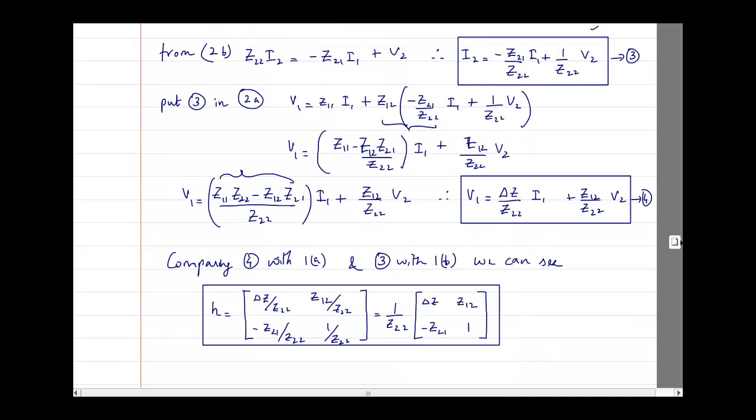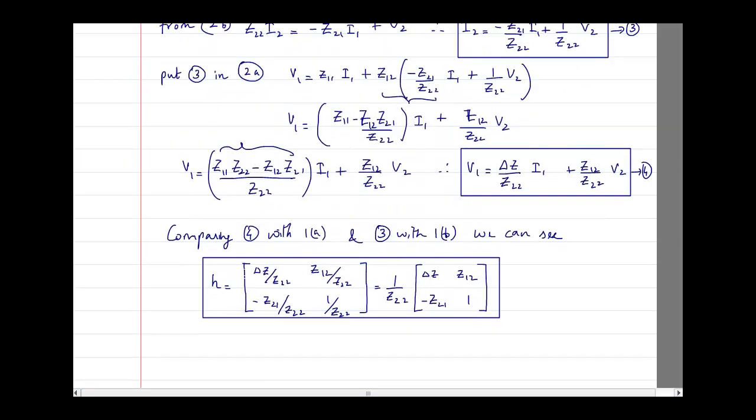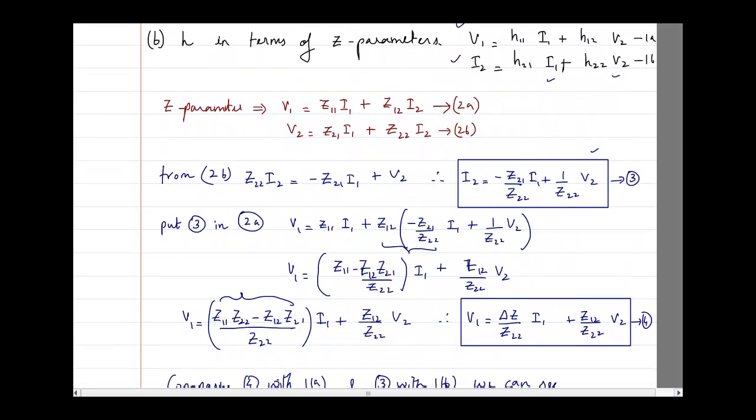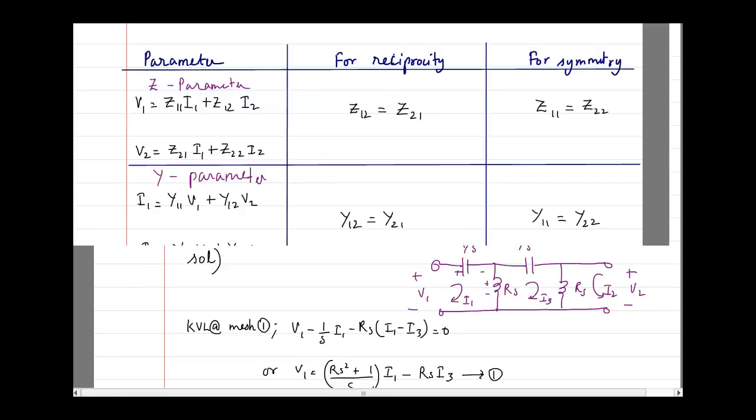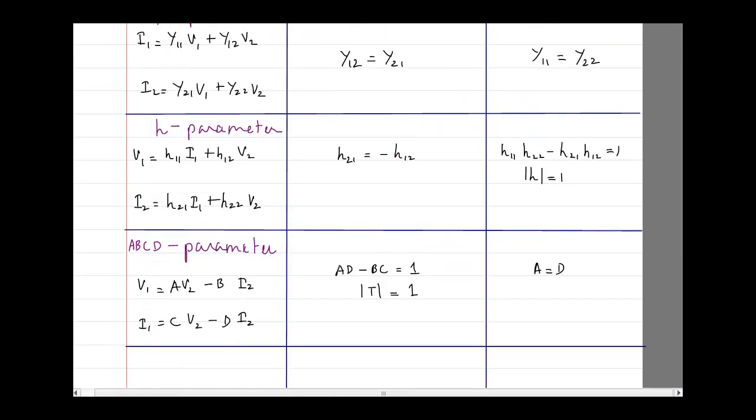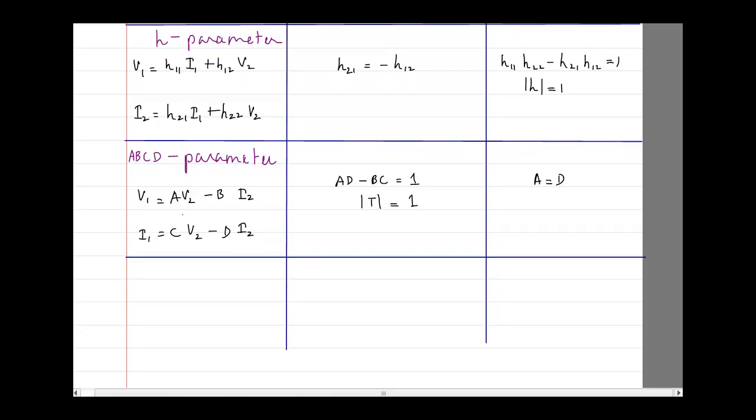So let me do that. What is the ABCD parameter? If you remember the ABCD parameter, again I will have to take you to the table. This is the ABCD parameter. The ABCD parameter was V1 and I1 with respect to V2 and I2.